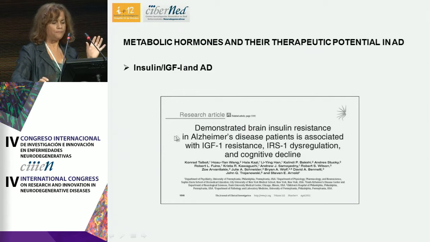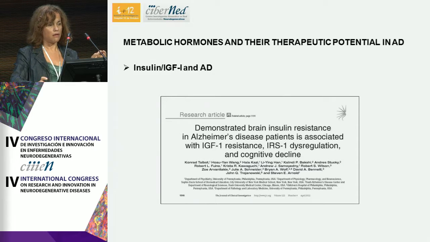Well, as we mentioned before, Alzheimer's disease shares many features of diabetes, including the impairment in insulin and IGF-1 signaling pathway.